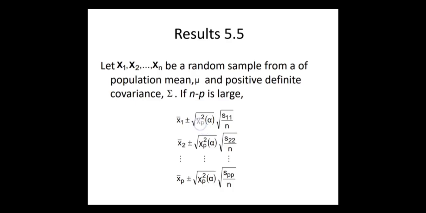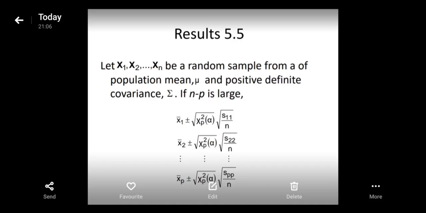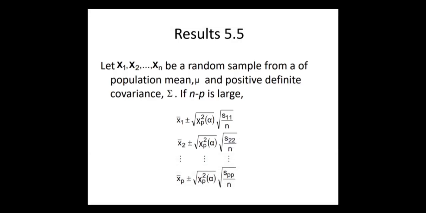Before this, in the T square interval, we used the F distribution, but now when we are dealing with the large sample size, we replace it with the chi-square distribution with p degrees of freedom. The others are the same, which is the square root of the variance for the first variable, the variance for the second variable, and so on. Okay, so that one is the confidence interval.